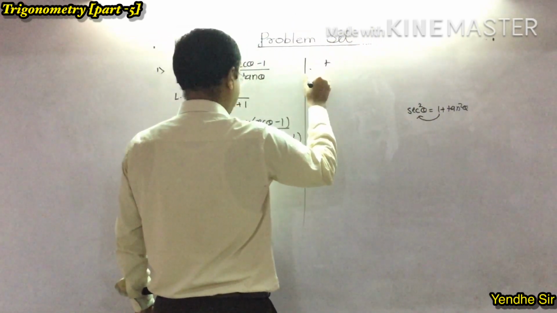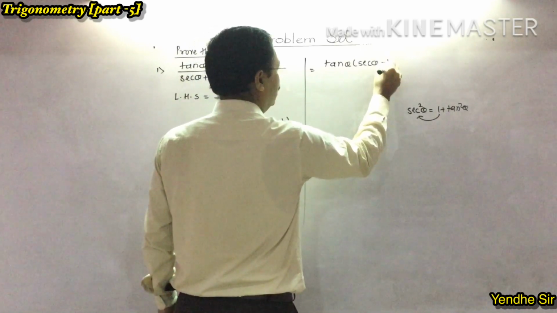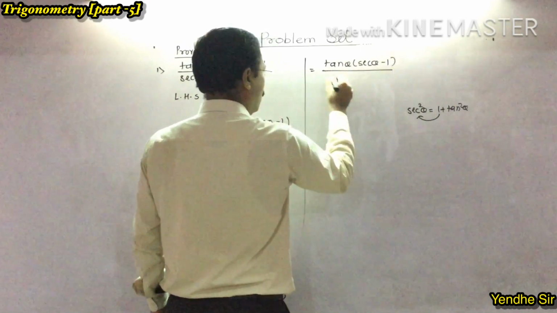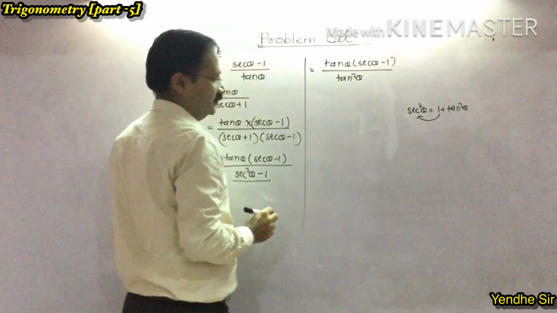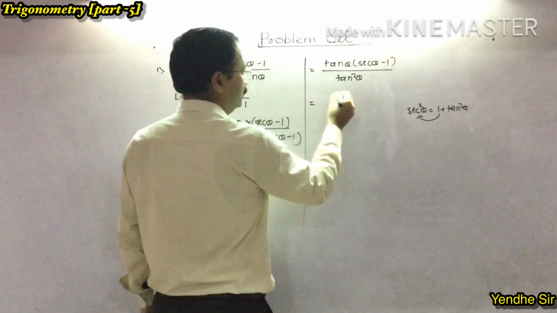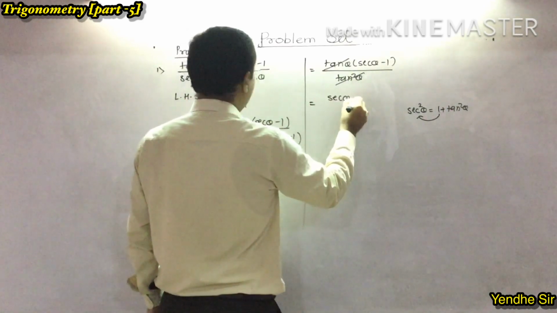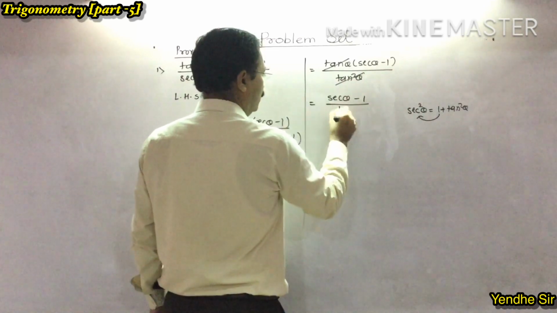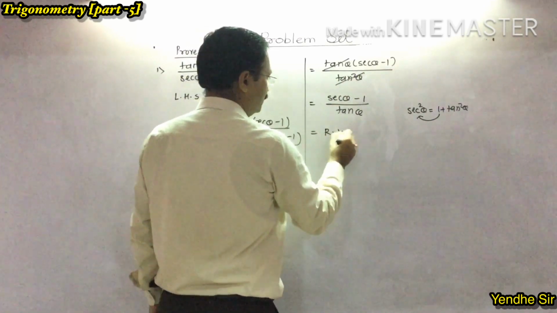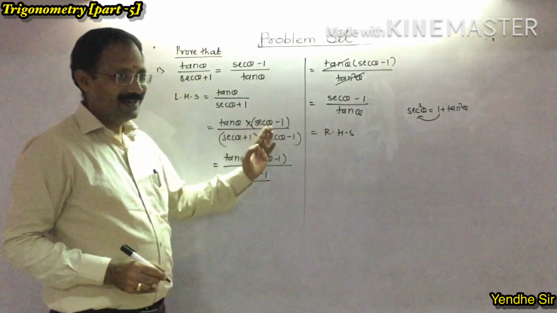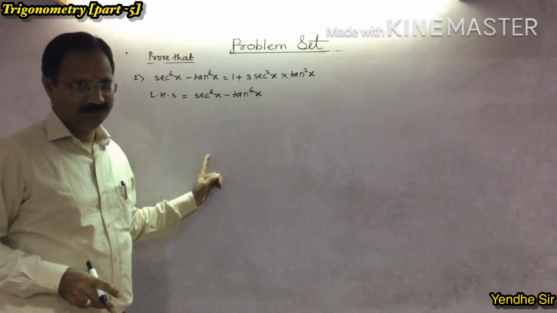So tan theta in bracket sec theta minus 1 upon tan square theta. Now one tan and tan will be cancelled. So we get sec theta minus 1 upon tan theta equal to RHS. This is your answer.